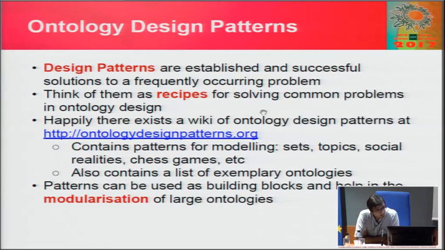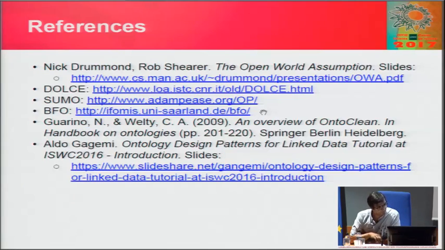Happily, there exists a wiki of ontology design patterns at the following link, and that contains patterns for modeling things such as sets, topics, social realities, even chess games. It also contains a list of exemplary ontologies, they call them, which you can refer to when you're creating your own ontological resource.